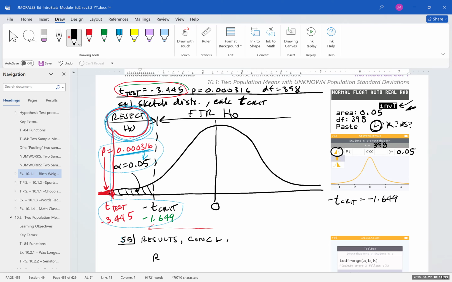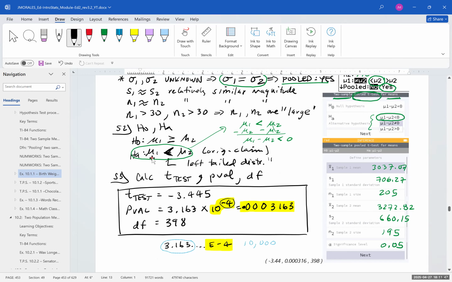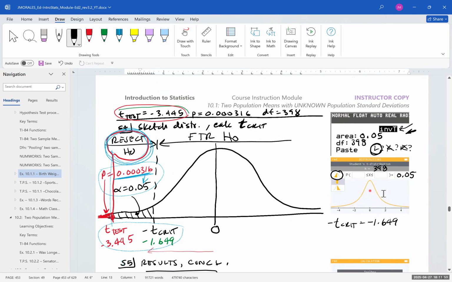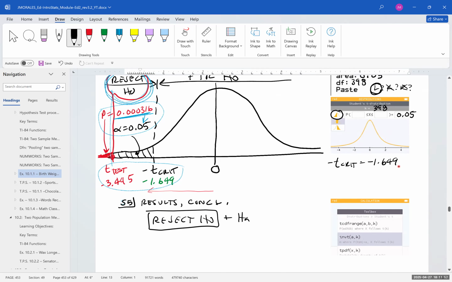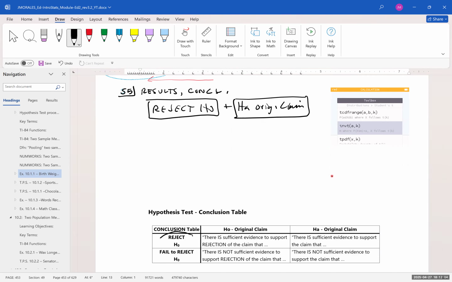And so we are going to be coupling rejecting the null with what was our original claim. The alternate was our original claim. So if we are rejecting the null and the alternate was our original claim, then this is going to be our outcome right here.